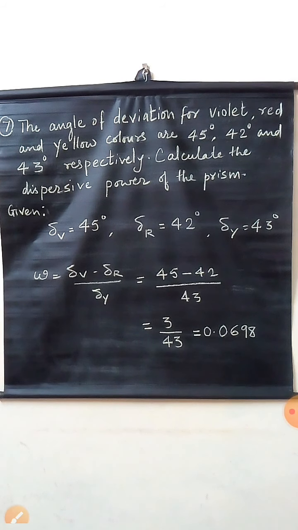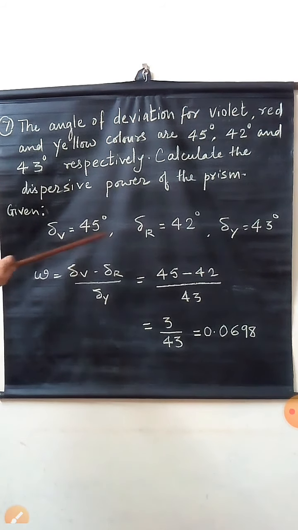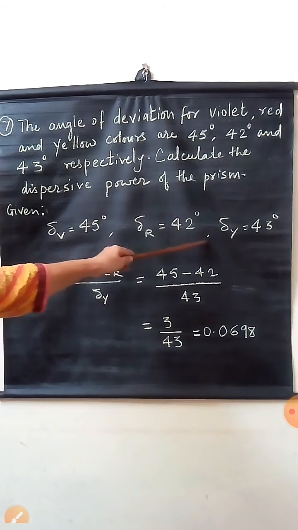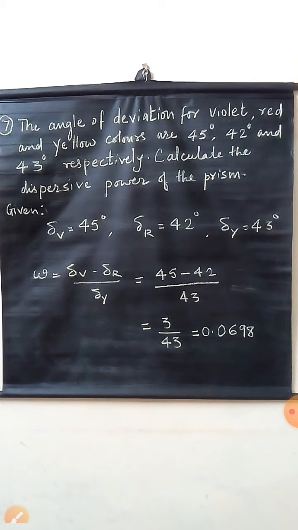So let's write down the given data first. Angle of deviation for violet color 45 degrees, for red color it is 42 degrees and for yellow color it is 43 degrees. Now we know the formula for dispersive power as omega is equal to delta V minus delta R, the angular dispersion, divided by the angle of deviation for the mean color, that is yellow.